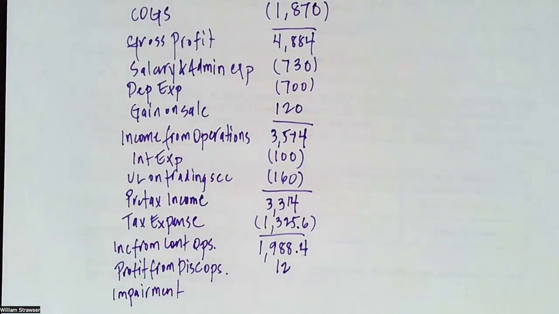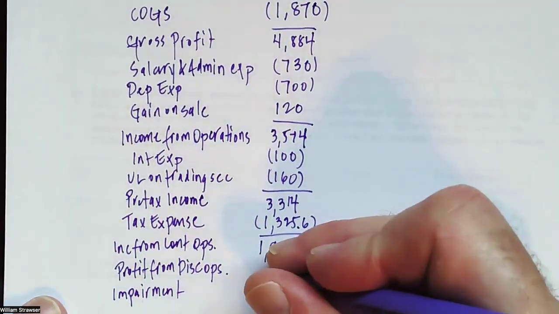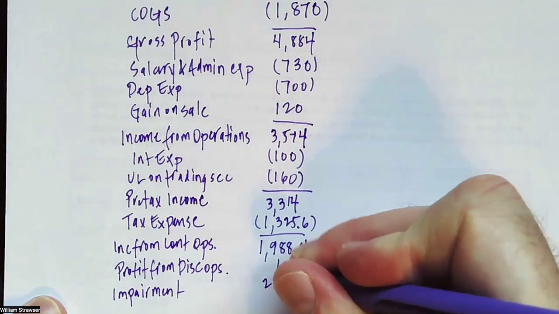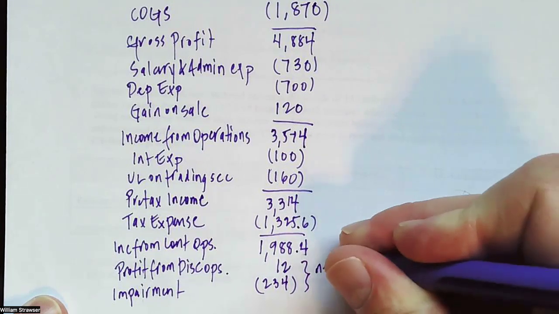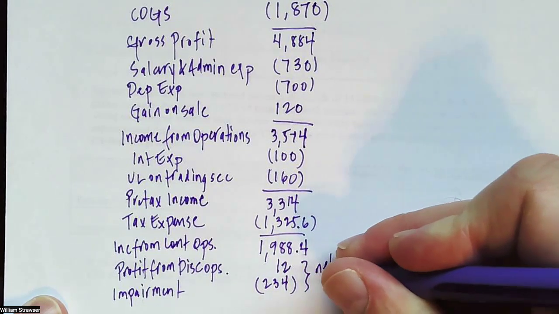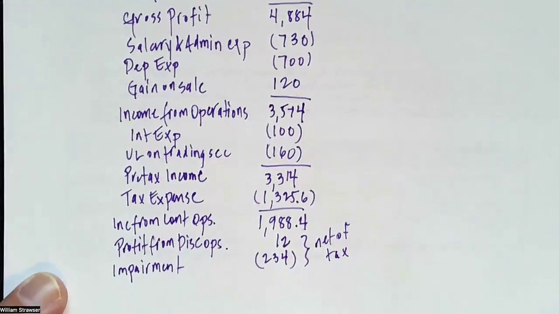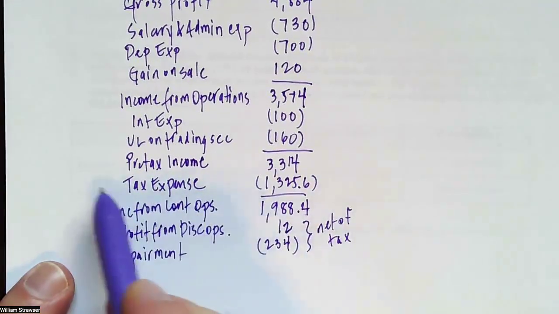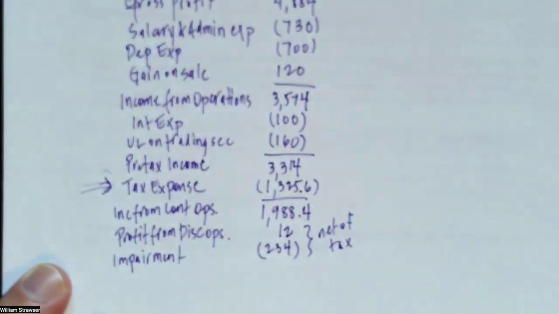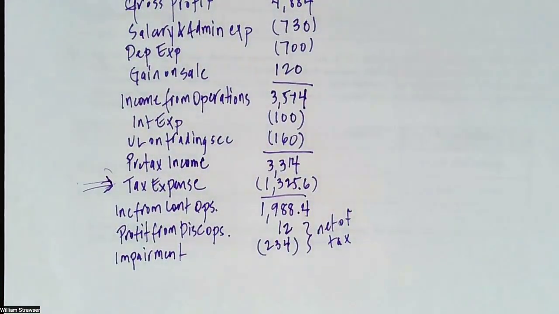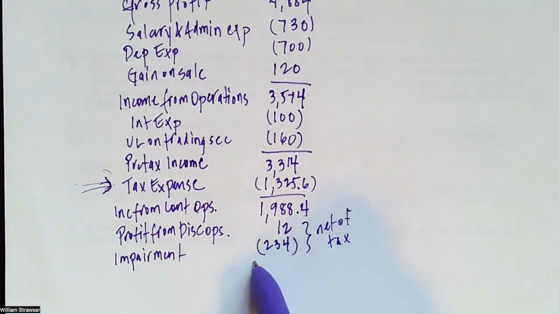I don't think I took the appropriate amount. It's going to become 234. Right? So these are both net of tax. Make sure you net taxes from anything that's after the tax expense line, right? Anything after this guy right here becomes a net of tax item. Got to bring those taxes out of it if they're in there.